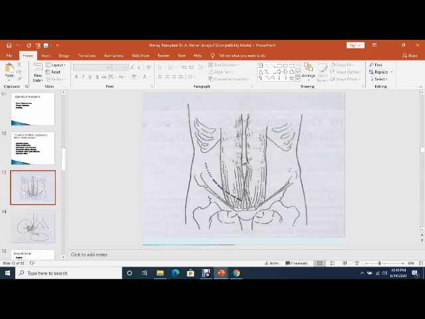So this diagram shows basically the kidney should be donated from the left side. Donor kidney should be removed from the left side, and in the recipient it should be implanted on the right side. The reason why we select the donor on the left side is that the left renal vein has a long course.